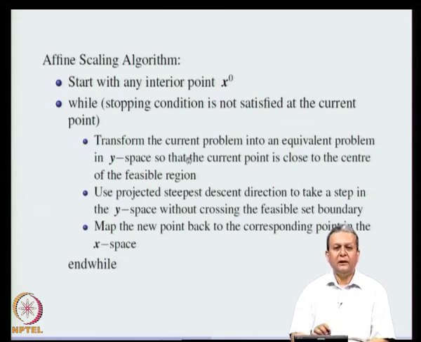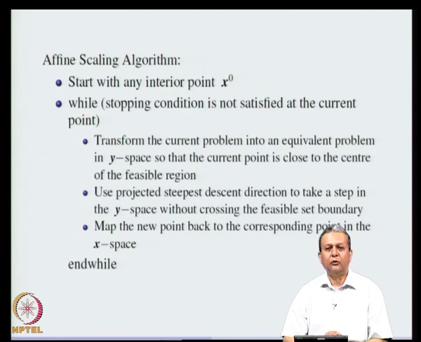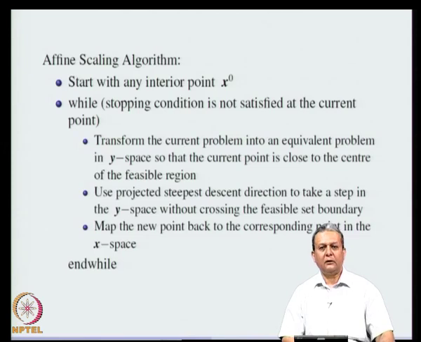We have already seen a possible transformation to move the current point to a point in the Y space which is close to the center of the feasible region. We also saw how to project a steepest descent direction in the given space. So, let us first see what is a good stopping condition for this algorithm.